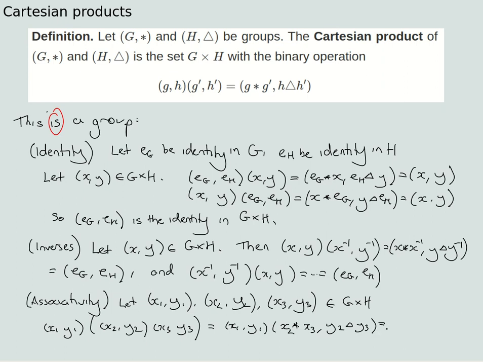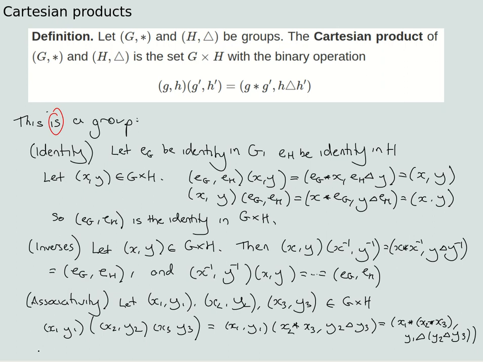So again, by the definition of our binary operation on the set G cross H, that's x1 star x2 star x3, comma, y1 triangle y2 triangle y3.